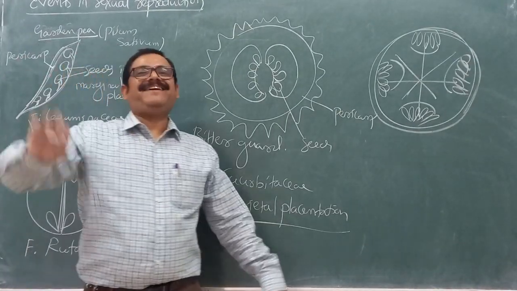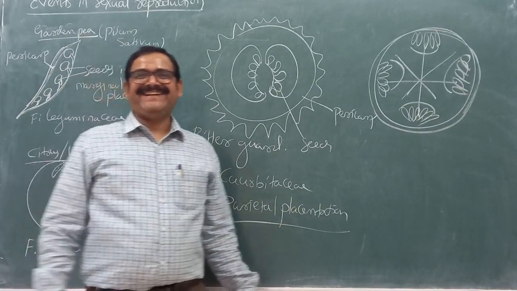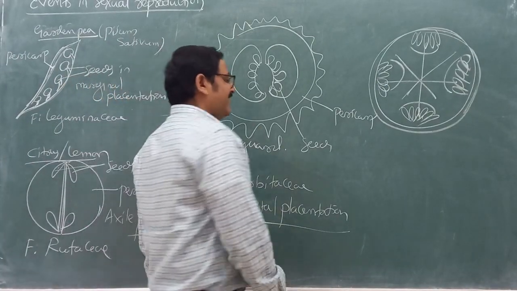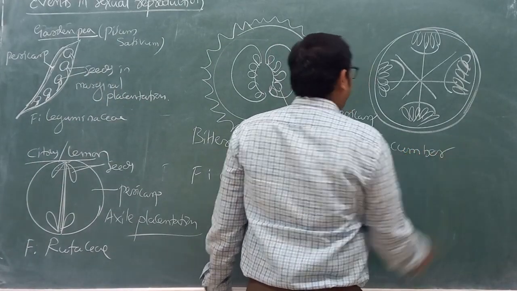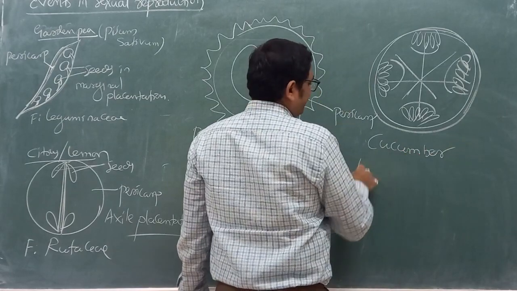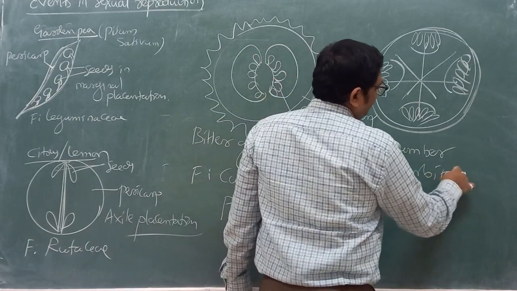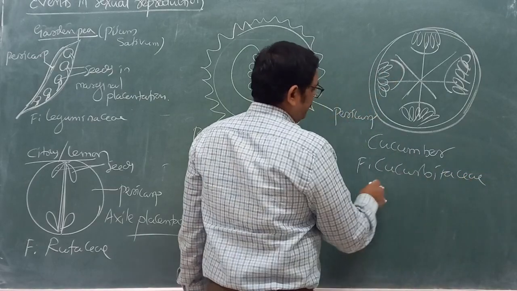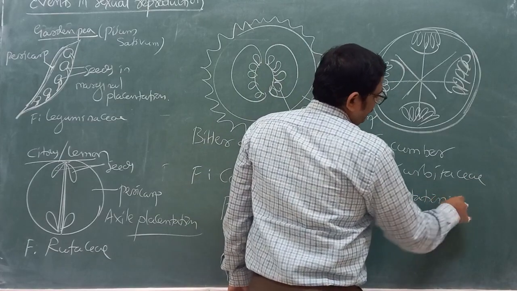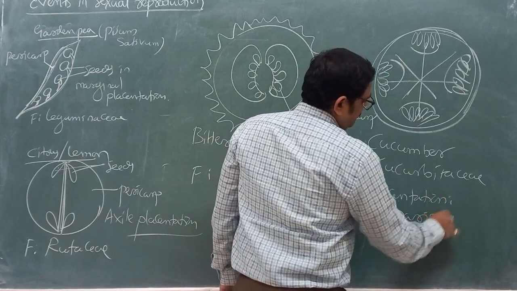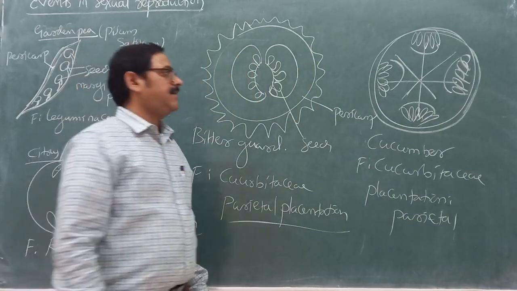It is green in color and long also. What is this? Cucumber, very good. This is the cucumber, family Cucurbitaceae, and the placentation is parietal. The ovules are attached from the periphery, so parietal.